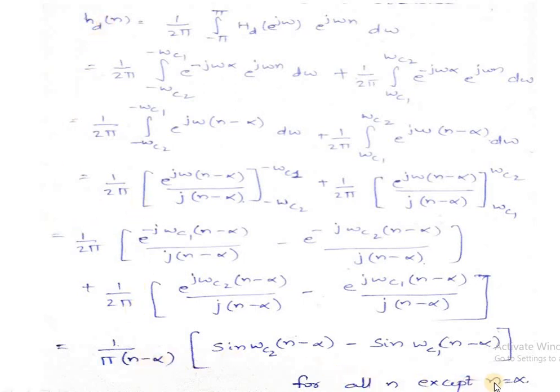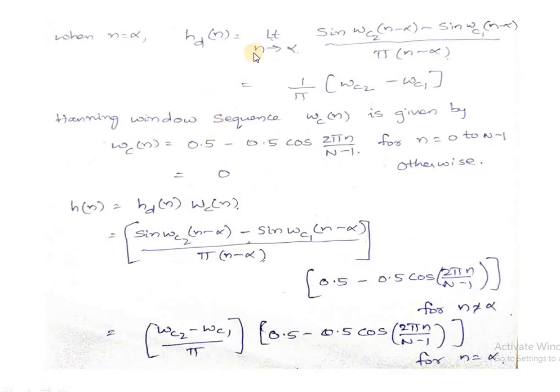In this case, we will find the value of hd of n at alpha separately by applying these limits on both sides. Therefore, I find that at n is equal to alpha, the value of hd of n is equal to 1 by pi into omega c2 minus omega c1.